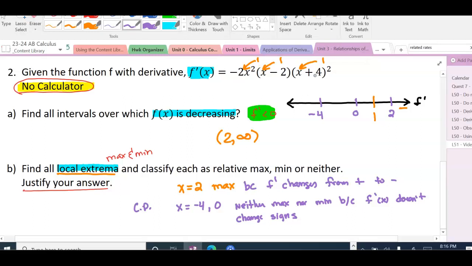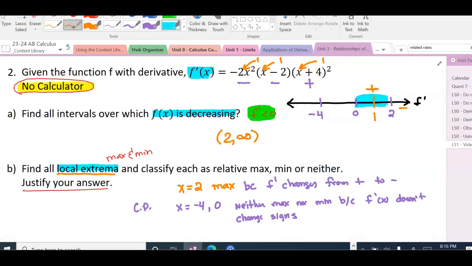Well, 1 plus 4 is 5, and 5 squared is 25. That's positive. 1 minus 2 is negative, and 1 squared is 1 times negative 2 is negative. Now, when I multiply a negative times a negative times a positive, I get a positive. So that means this area is positive.